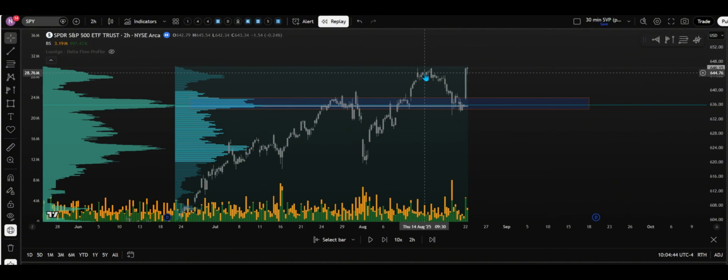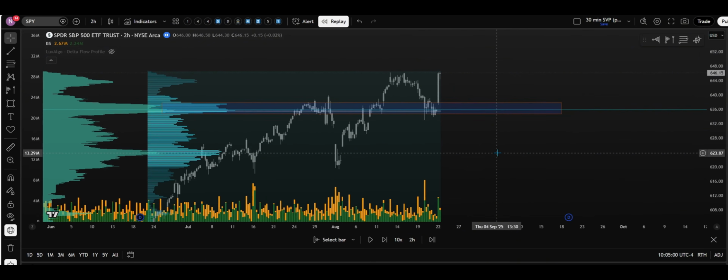That point of control is what we consider fair value for whatever range you're looking at. So if it is a bull market and that bull market's healthy, we want to see that point of control continuously stepping higher and higher and higher as well. So that's another thing that I wanted to discuss with you guys.